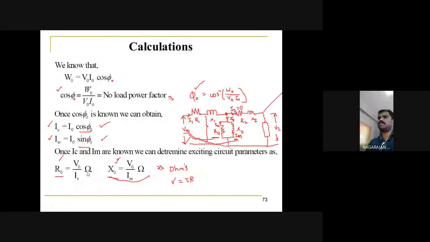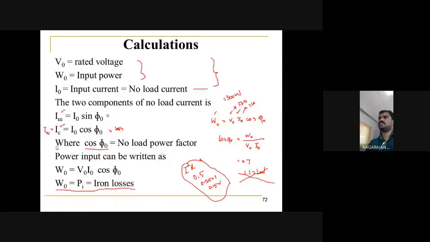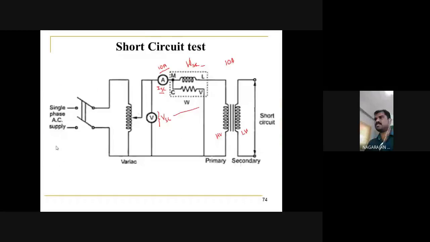So totally five different values of the equivalent circuit we are identifying: R naught, X naught, and those three values, cos phi naught, IC, and IM. So the center branch is identified with that circuit diagram.